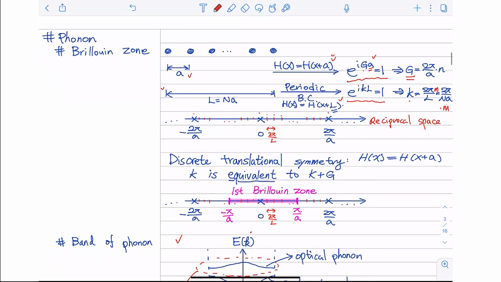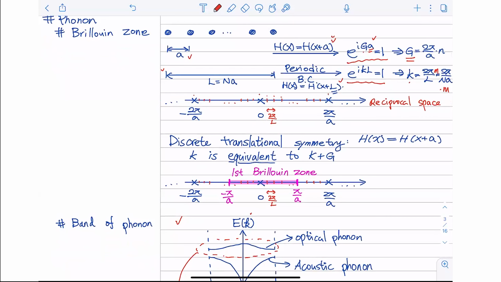So the most important thing that goes from the continuous translation symmetry to the discrete translational symmetry system is that in the continuous case, the wave vectors k and k prime, if they are different by their value, they basically are different.